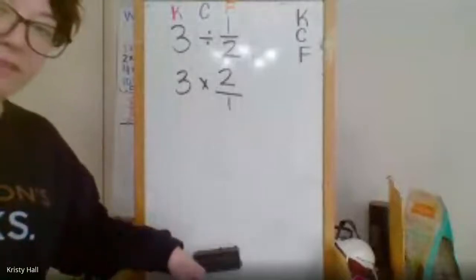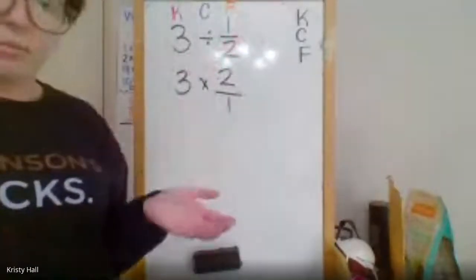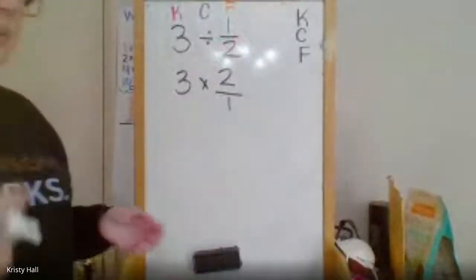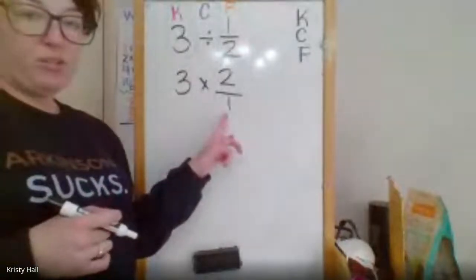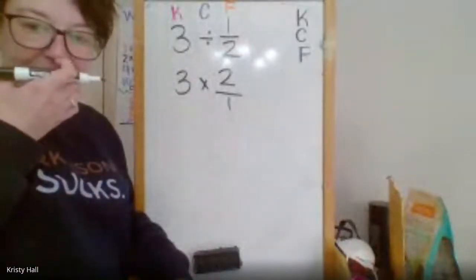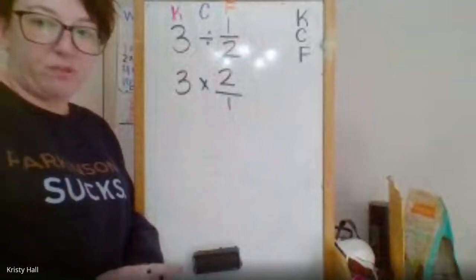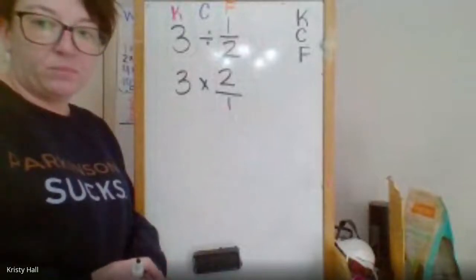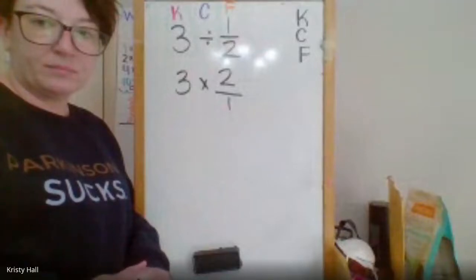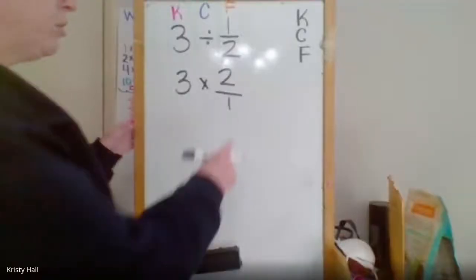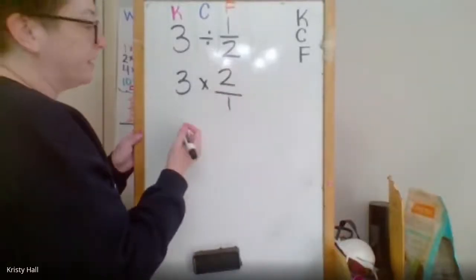Okay, so now that I've done the KCF, we're back to just multiplying. I see that I have 2/1. What does that mean if we have a fraction with 1 on the bottom? It means that there's one whole number. It's a whole number, right? So we just use the numerator as the whole number.